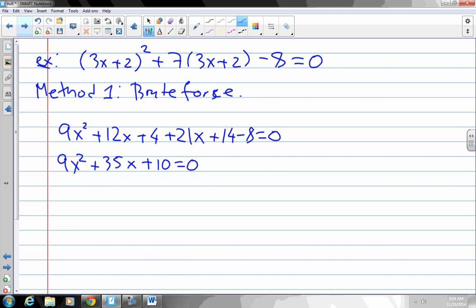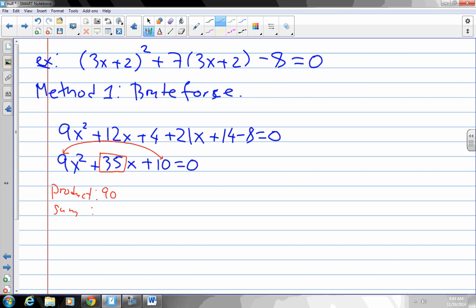Can we factor that? Two numbers that multiply to 90 and add to 35, right? This is how we do those. We multiply 9 and the 10. So the product is 90. The sum is the number in the middle.